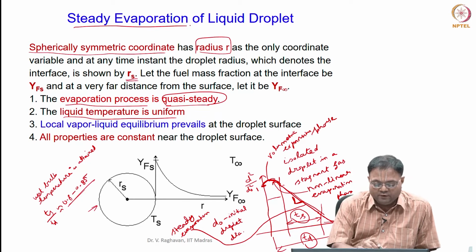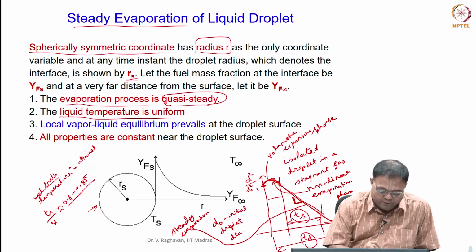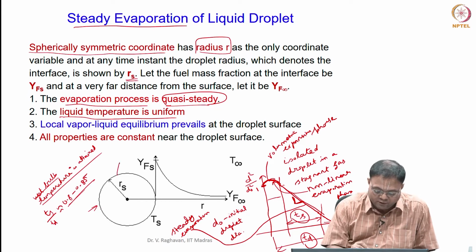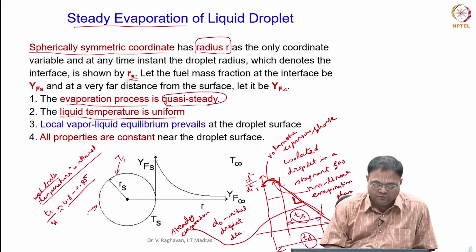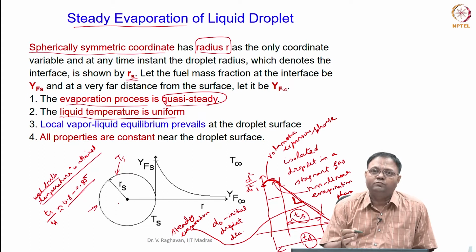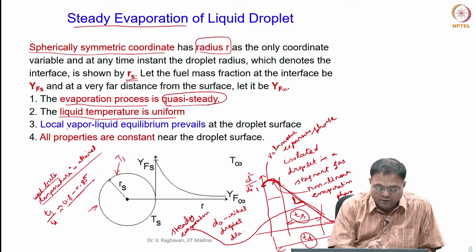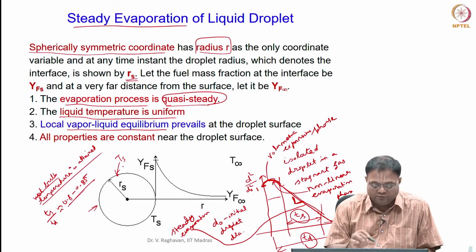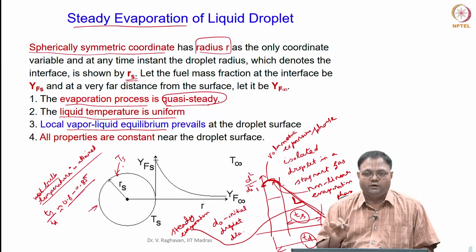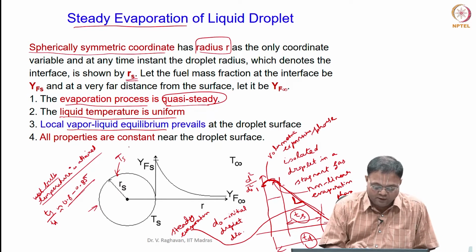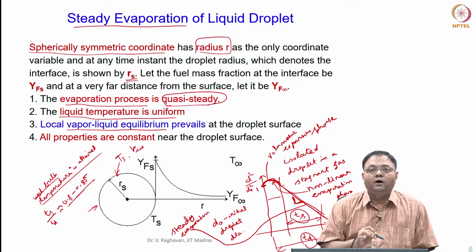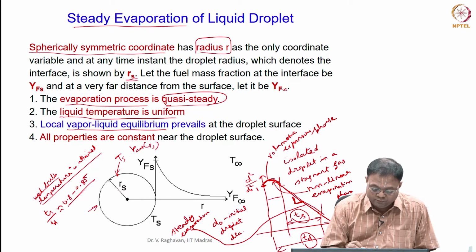In this, the liquid temperature will reach the wet bulb condition, that means the surface temperature has reached a constant value Ts, and the internal temperature has also become uniform. That is assumed. Then vapor-liquid equilibrium at any point on the surface is also achieved. That means there is a definite Ts and the saturation pressure corresponding to this Ts prevails.